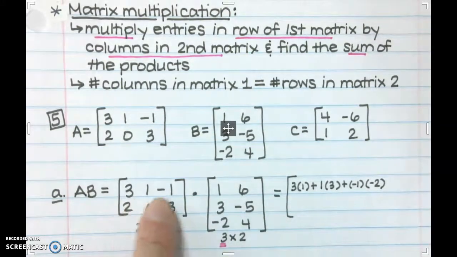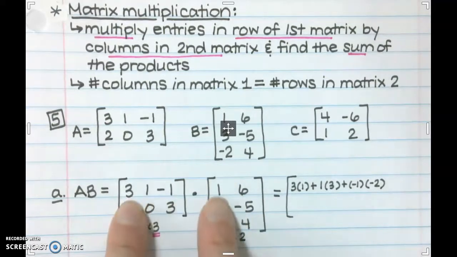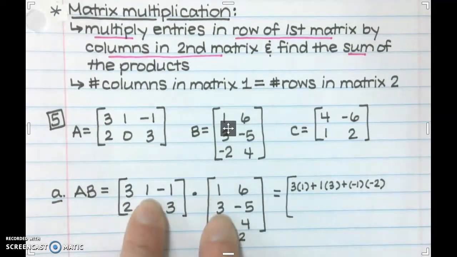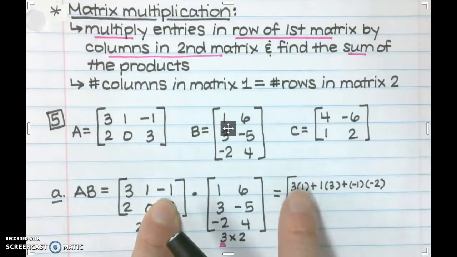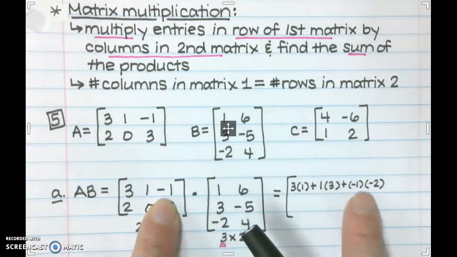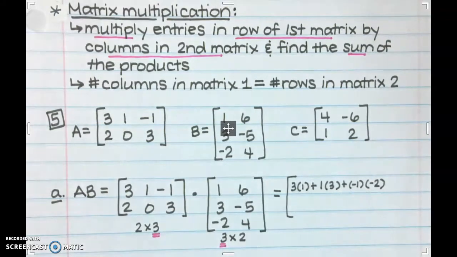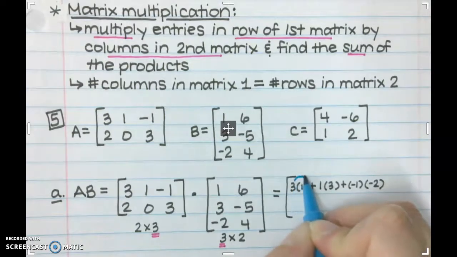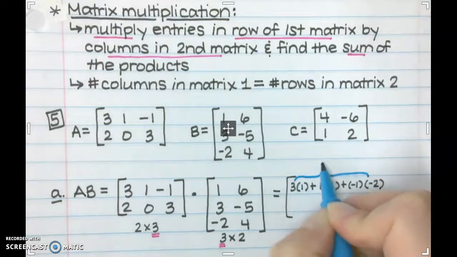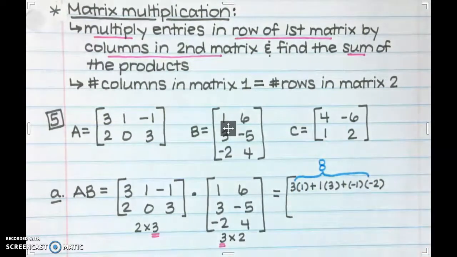So I'm going across this row while I move down this column. 3 times 1, 1 times 3, -1 times -2, and then I'm finding the sum. I'm adding together all 3 of those products. So if I perform that multiplication and addition, I should find here that this first element is 8.